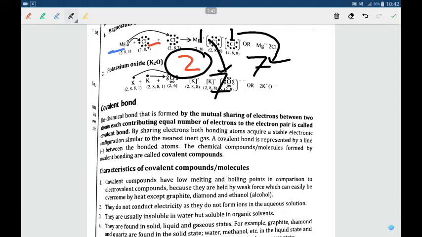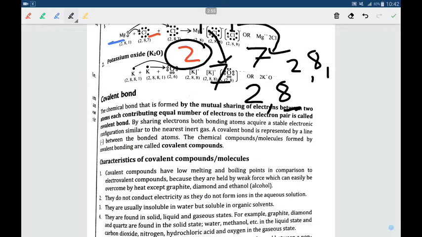As a result, the atomic structure of magnesium will be 2-8 only. Now this is octet, 2-8, and chlorine 2-8-8. You have to keep in mind, octet means presence of 8 electrons.